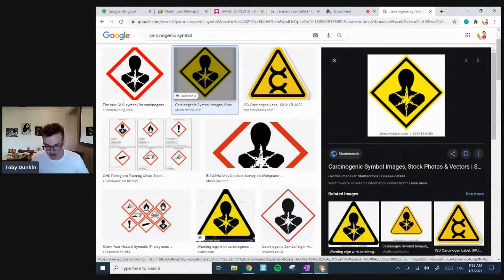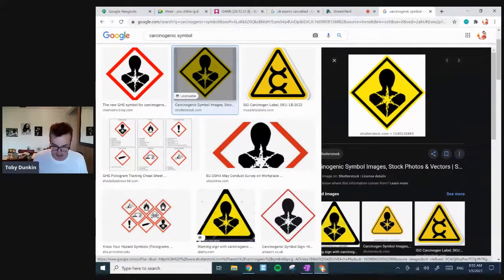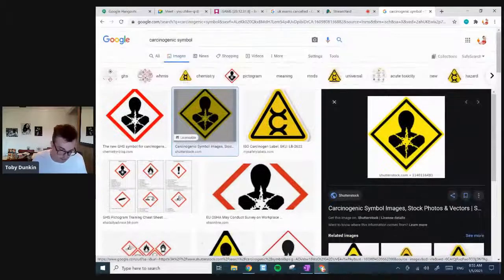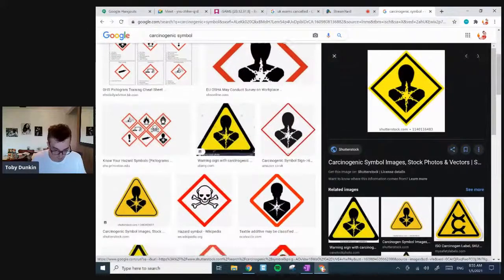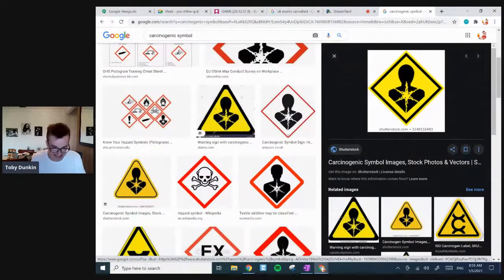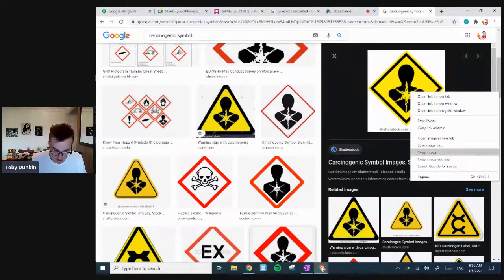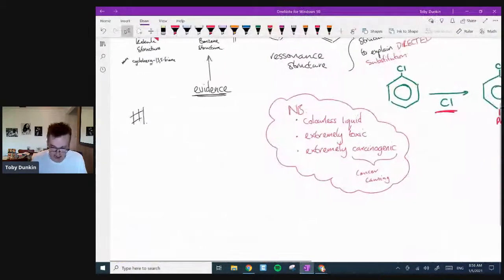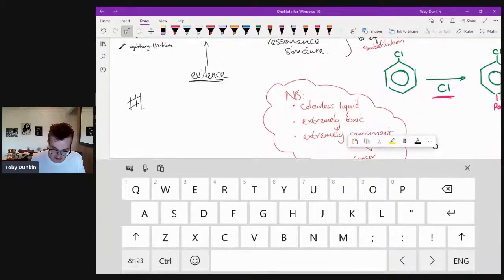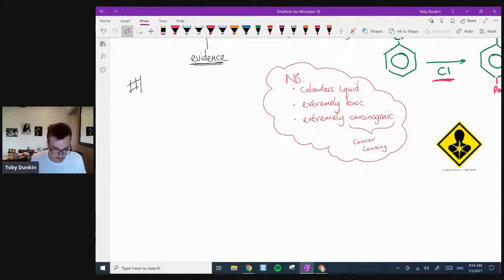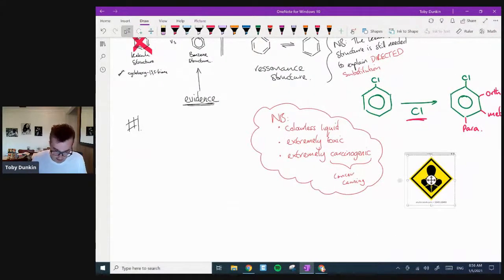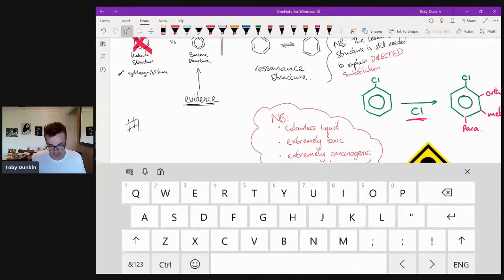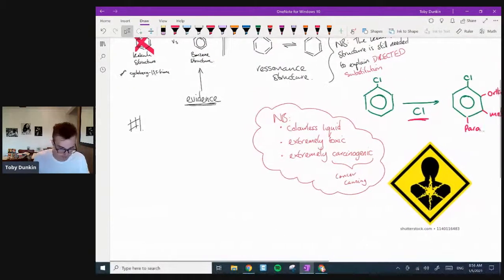So make a note of that: the symbol has this star in the chest. They've used the toxic one before, but that one has appeared several times in an exam, and a couple of students were left standing having not recognized the picture. I don't know how they actually managed that. I don't know whether or not they missed this lesson of mine during the year, but they certainly didn't get it. So something to bear in mind.